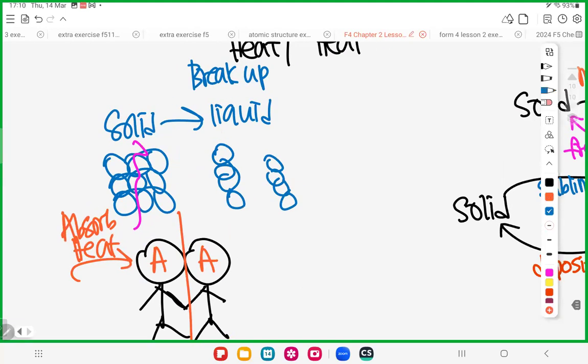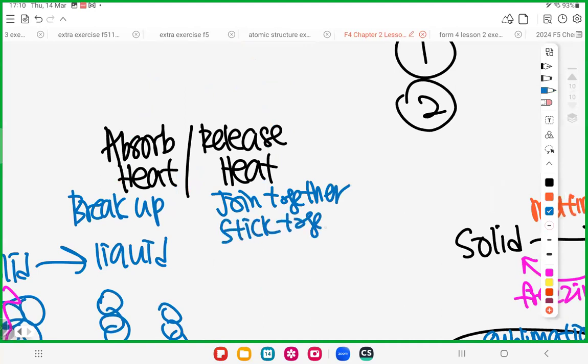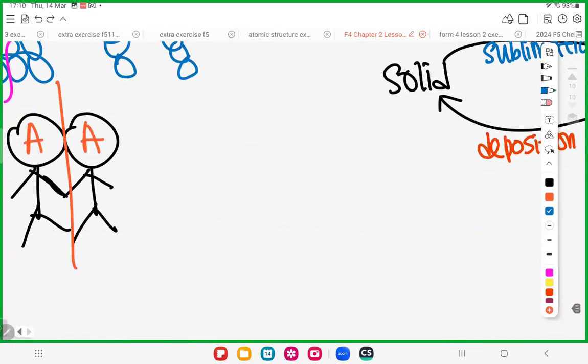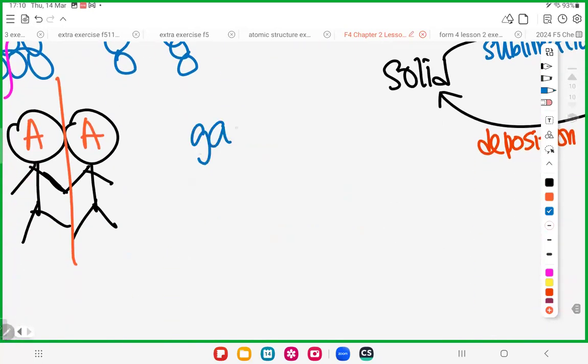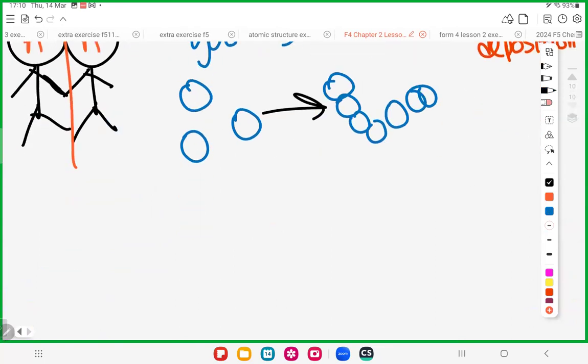All right. So when they want to join together or when they want to stick together, they need to release the heat. Example, I am a gas. I want to become liquid. How the gas can become liquid? Gas, if you want to become liquid, you need to stick together. So when you want to stick together, is something like this.